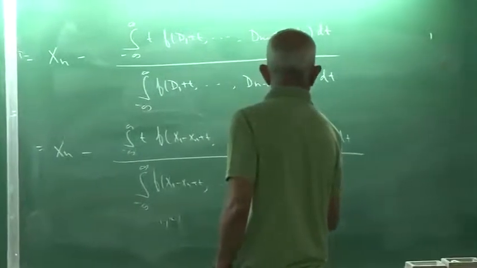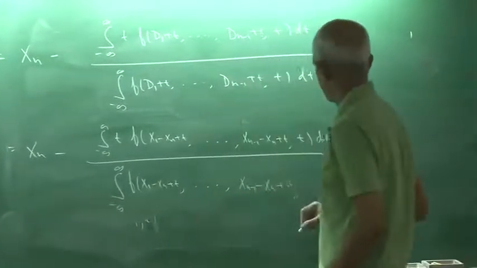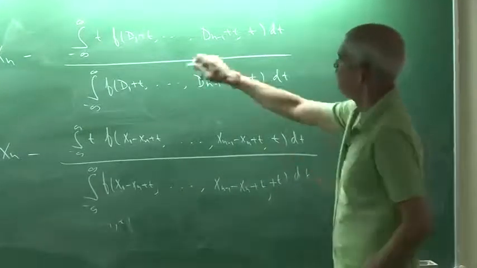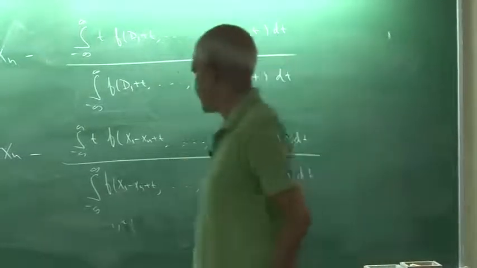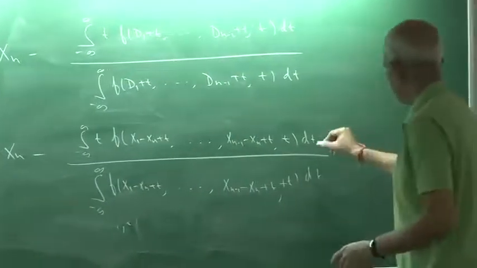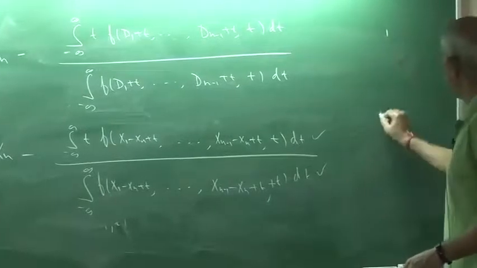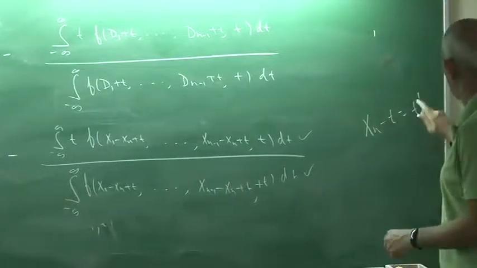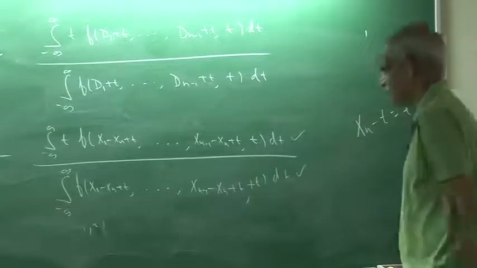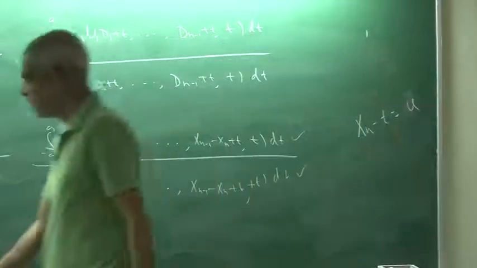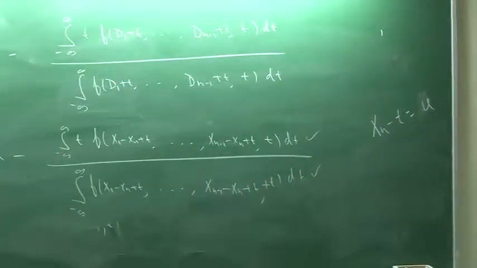Minus xn plus t, because dn minus 1 is xn minus 1 minus xn plus t. So in general, what I've done is I have replaced di by xi minus xn over here. Now in the integrals over here, I make the transformation xn minus t as t prime or u or whatever, and then I replace again that u by t.